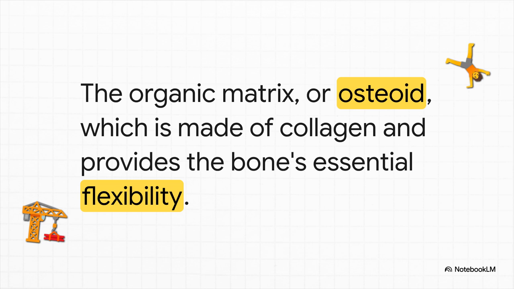See, a bone that's too brittle is just as dangerous as a bone that's too soft. And when this organic frame is defective, you get a totally different set of problems. In scurvy, your body can't produce collagen properly. In osteogenesis imperfecta, you might know it as brittle bone disease, the collagen you do make is faulty. The bricks are there, but the frame they're built on is fundamentally flawed.